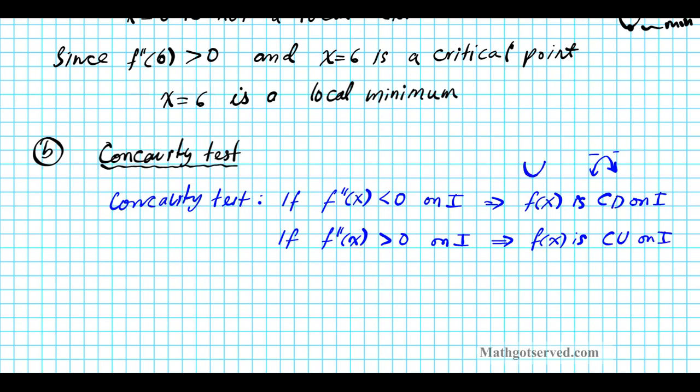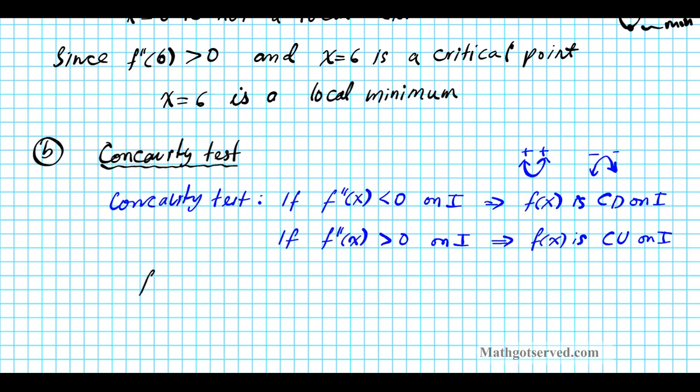Positive people always happy, negative people sad. So concave up for positive second derivative, and concave down for negative second derivative. What this is telling us is we just need to find the intervals where the second derivative is positive and negative to determine where it's concave up or concave down.